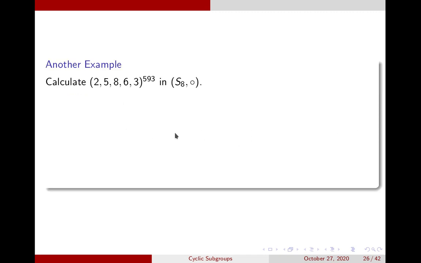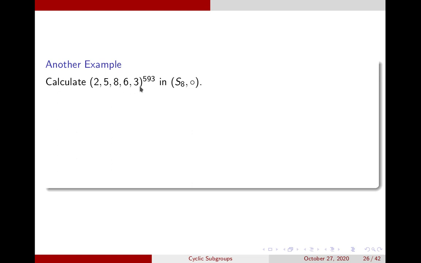Another example. Let's take the cycle (2 5 8 6 3) in the group of permutations S sub 8 and calculate this cycle raised to the power 593.